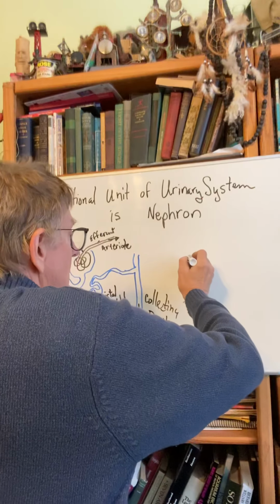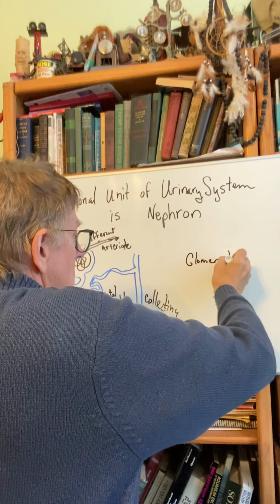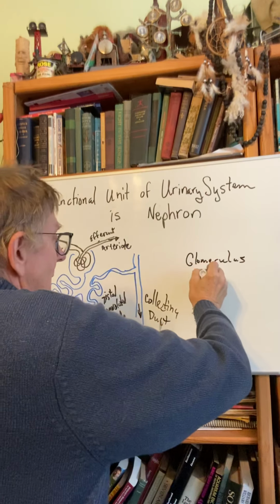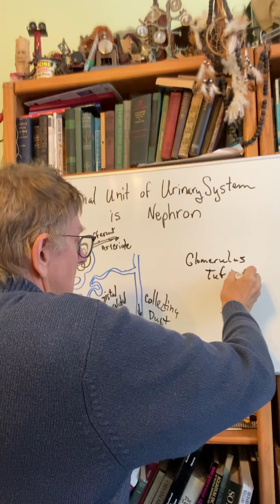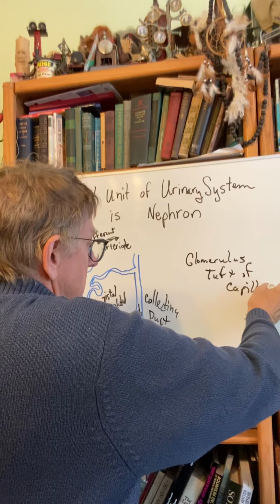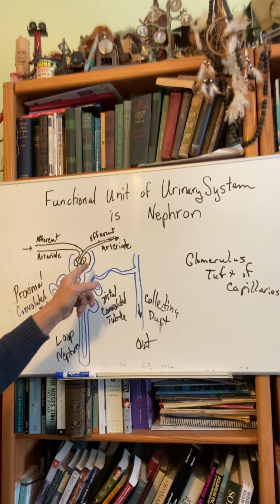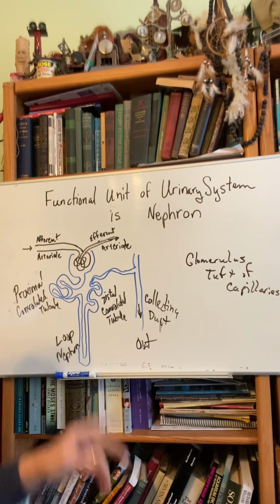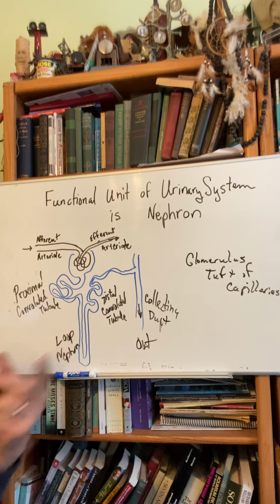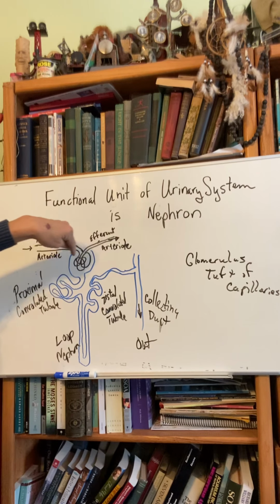That tuft of capillaries is the glomerulus. So we have a tuft of capillaries, and then this little funnel-like structure that surrounds it, which is the glomerular capsule.